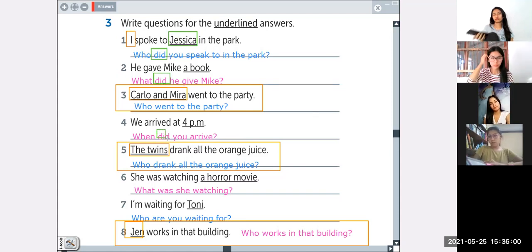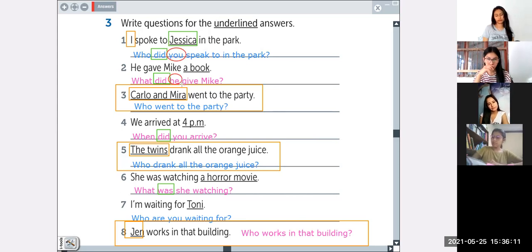¿Ok? Todas las object questions tienen auxiliary verbs. Y también tienen un sujeto. Aquí tenemos you, he, she. Todas estas son object questions.